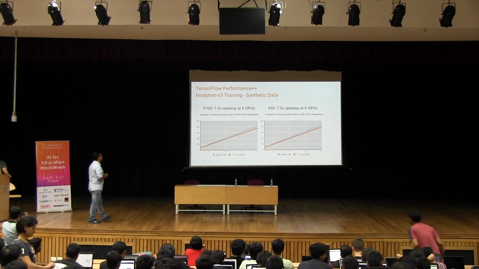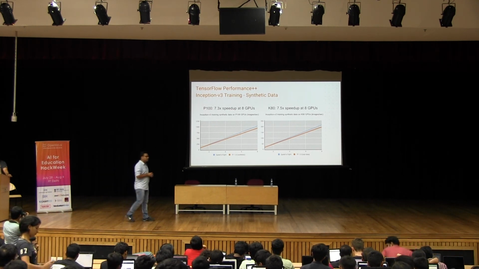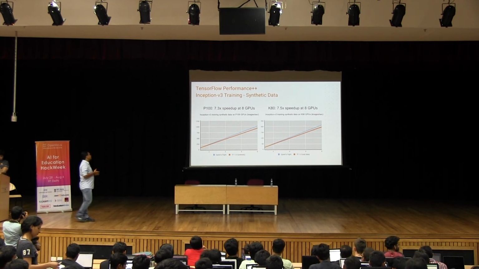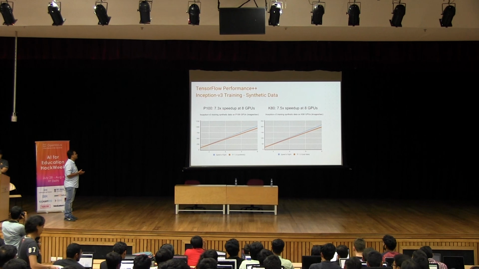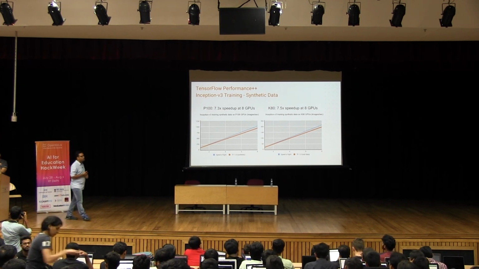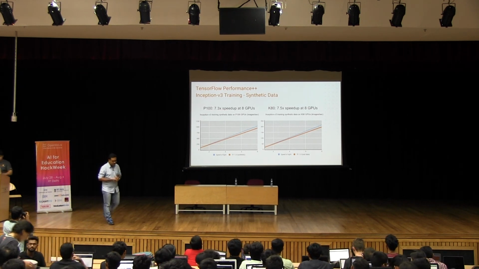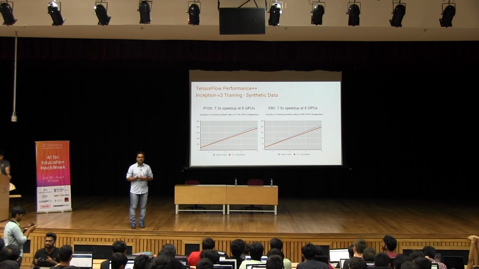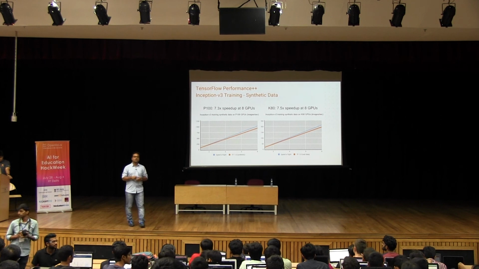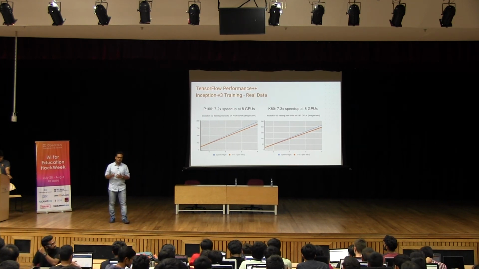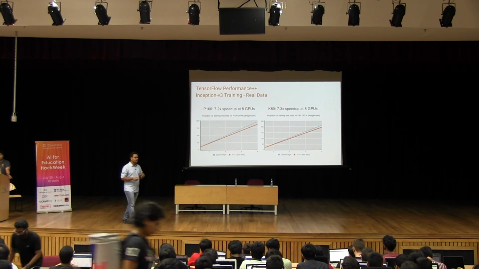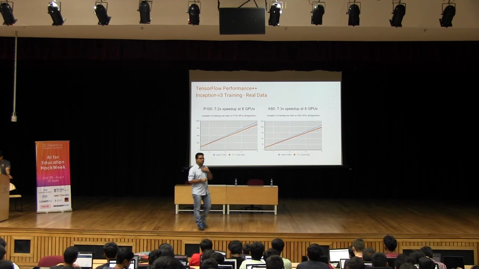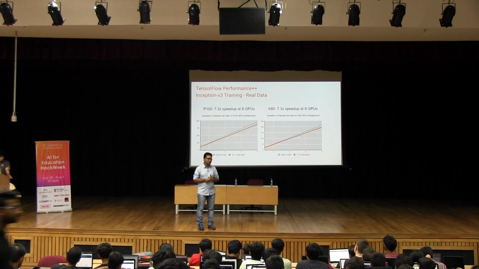P100 is one model of GPU and K80 is another model of GPU. What you can see is for P100 it's 7.3 speedup out of 8 and then 7.5 speedup out of 8 GPUs. Recently we came up with our own custom built GPUs and we compared them with other GPU providers, and we found that what we built was much faster than the existing GPUs because that particular GPU was built keeping TensorFlow in mind in the first place.